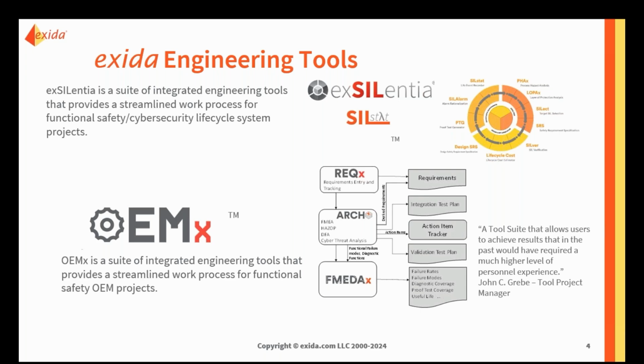The other suite is OEMX, and we'll be talking a bit about that today. That's a suite of integrated engineering tools that provide a work process for OEM projects, people who are developing products. It consists of 3 modules: RecX for requirements generation, ArcX for doing FMEAs, and FMEDAX, which unsurprisingly is for doing FMEDAs.